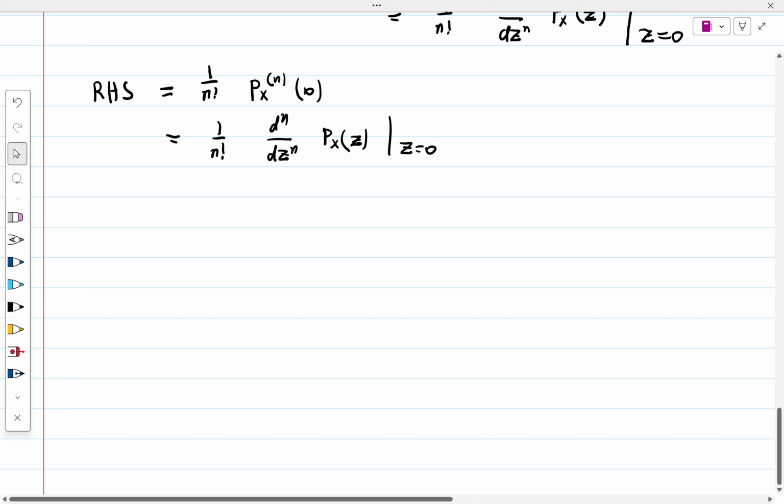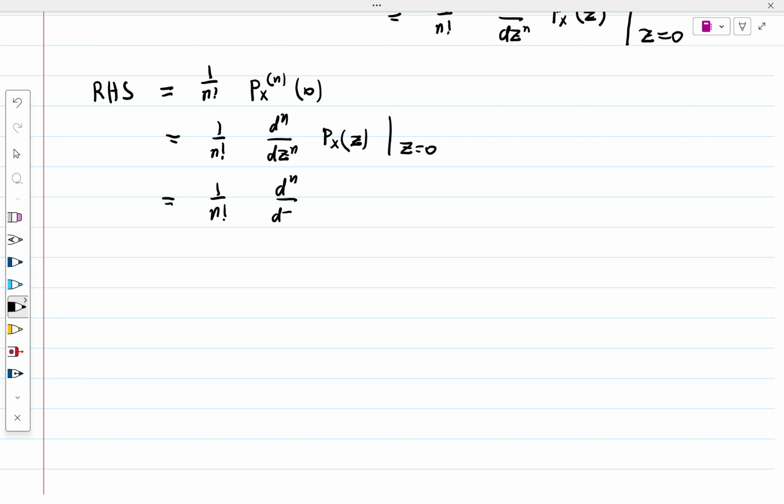Now, I'm going to use our definition of the probability generating function to replace Px of z with the polynomial definition. Recall we defined the probability generating function as the sum from x equals 0 to infinity of z to the x multiplied by the respective probability mass function. And again, we're still evaluating at 0.